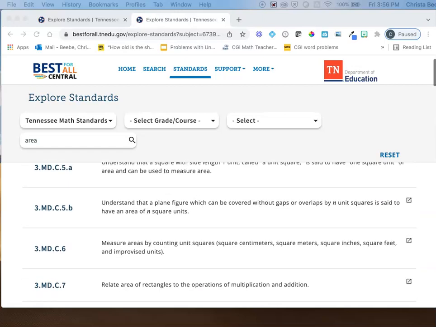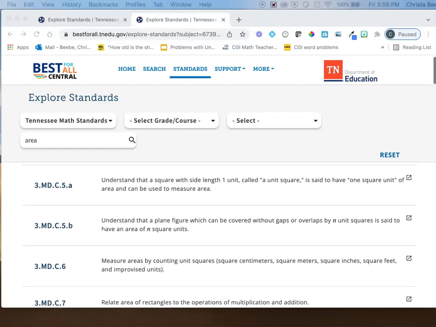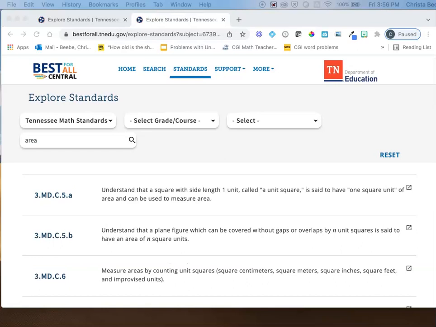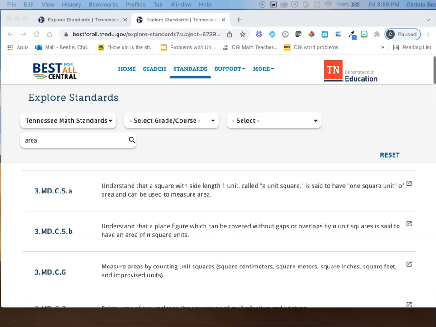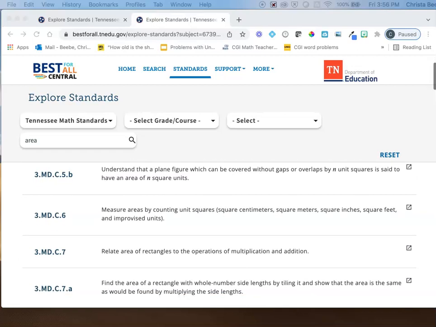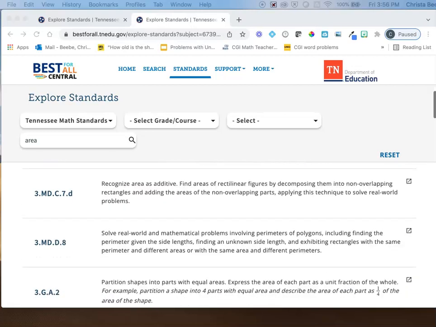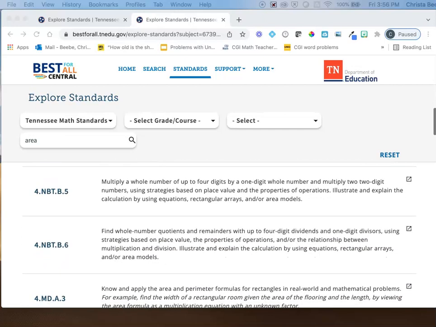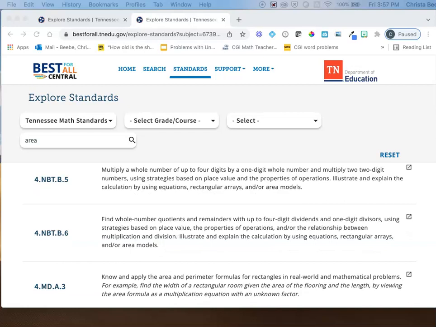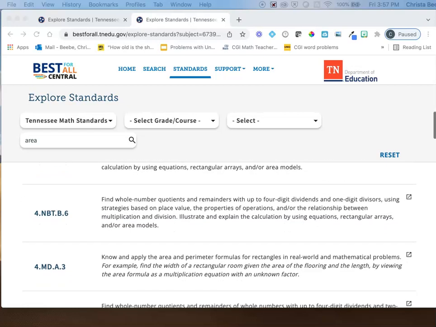Well, I noticed that they started learning about area in 3rd grade with some concrete representations of unit squares to find the area of a rectangle. So that's what I learned by reading through these 3rd grade standards. And when I get into 4th grade, I noticed that students are applying area formulas and are working with more abstract representations for area, so no more unit squares.